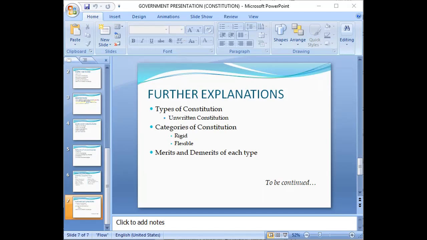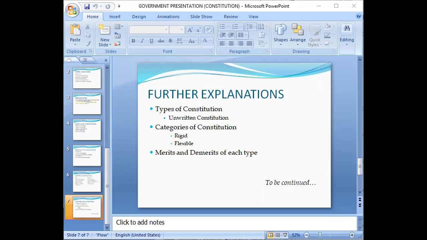Those are about it. By the time you look at the advantages of written and unwritten that we mentioned before now, their merit and demerit, flexible and rigid, you would be able to cover some of these things. The goal is to touch each part as fast as we can.